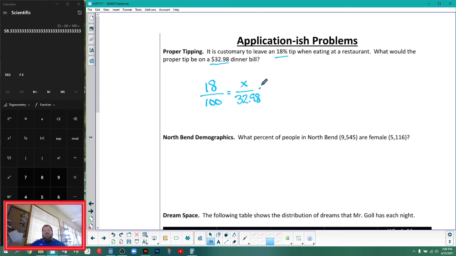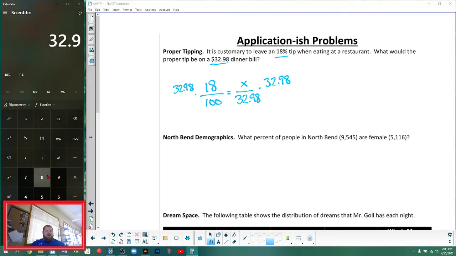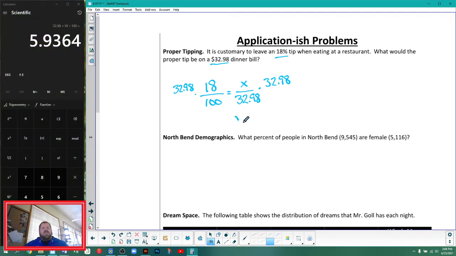So in order to solve this, I just want to multiply by 32.98 on both sides. So 32.98 times 18 divided by 100. So I was close. I said about $6. Since this is a money amount, I'm going to go ahead and round to my cents. And I'm going to say that we have $5.94.